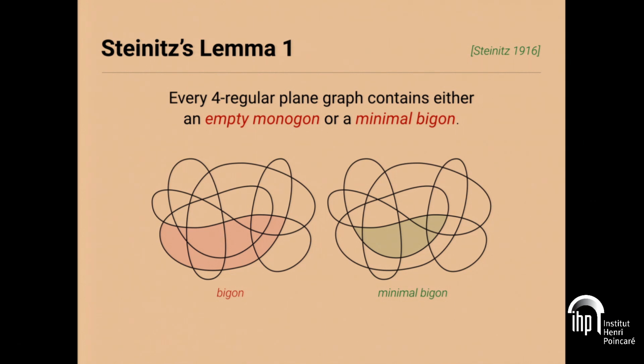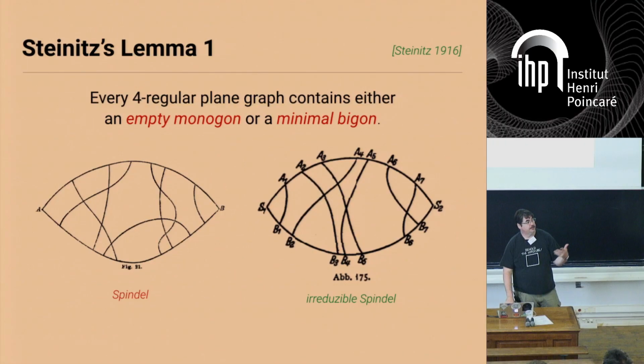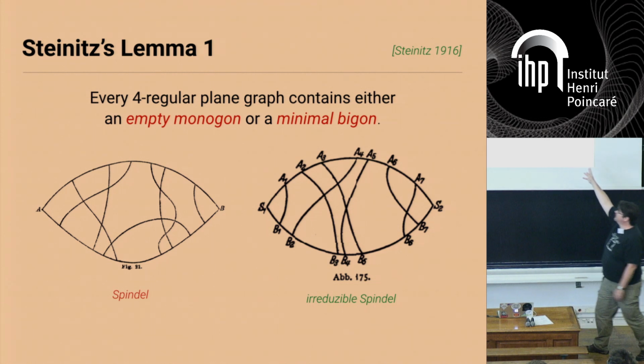And in particular, you can look for bigons that are inside other bigons, and eventually you get to something called a minimal bigon. This is a bigon that doesn't have any other bigons inside it. Or as Steinitz called it, you can find ein Spindel, and inside it you can find ein irreducible Spindel.